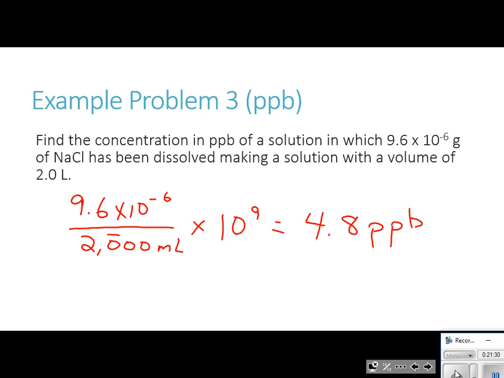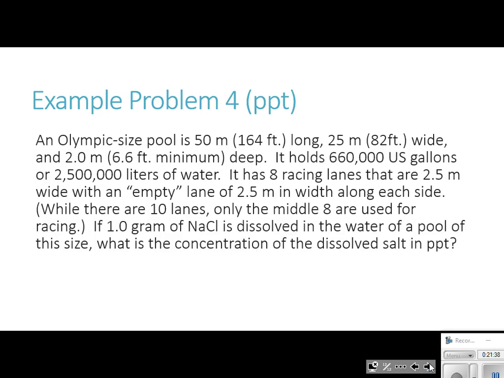Now, I am going to do one more, and I don't think you need to write this whole problem down, but let's just go ahead and read it and we'll work it. Okay? It has a lot of misinformation in it that you don't need.